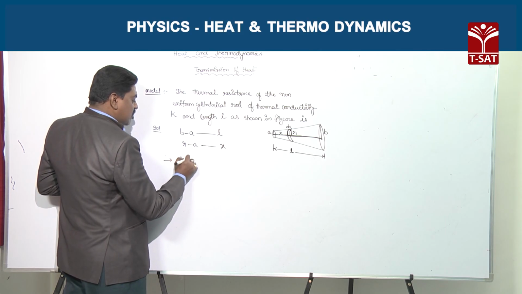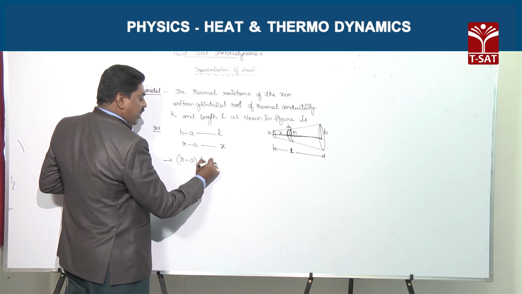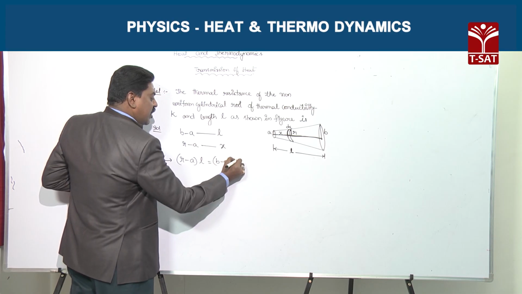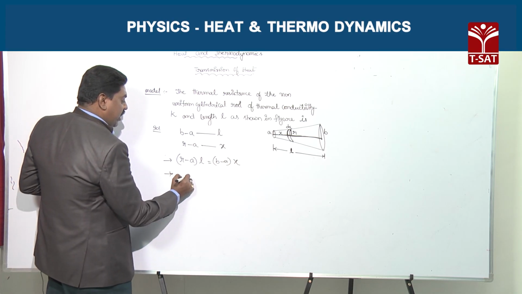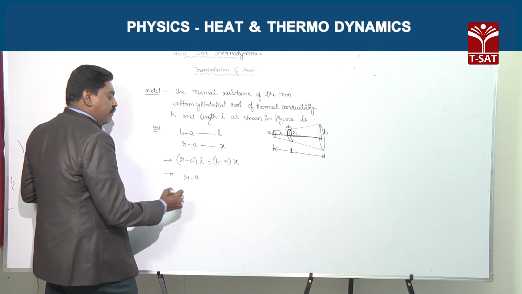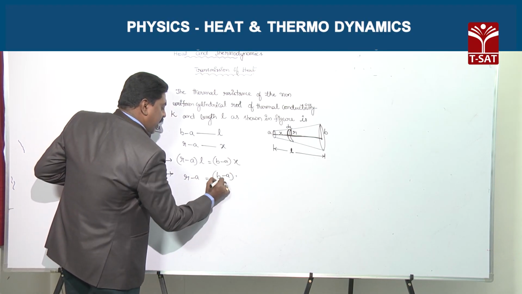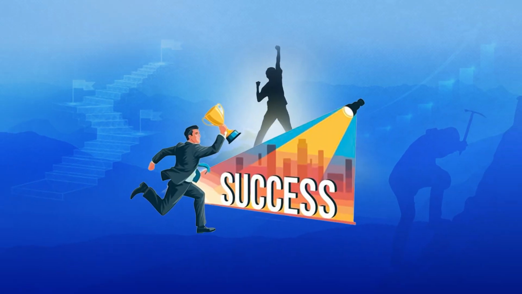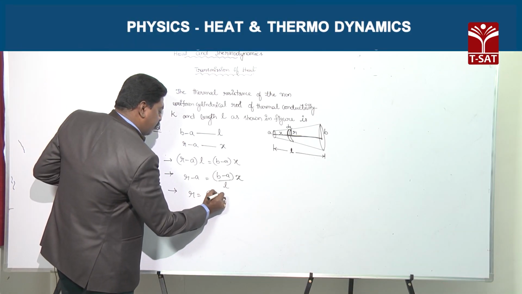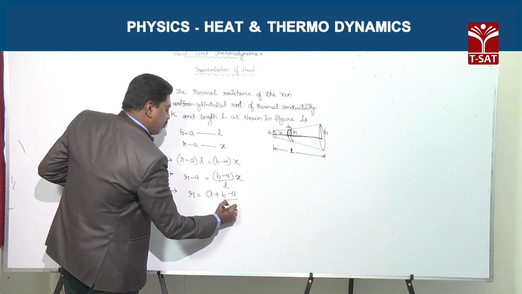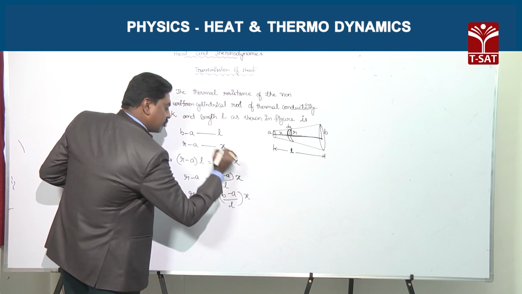Accordingly, (r minus A) into L is equal to (B minus A) into x, from which r minus A is equal to (B minus A) by L into x. Then r is given as A plus (B minus A) by L into x.